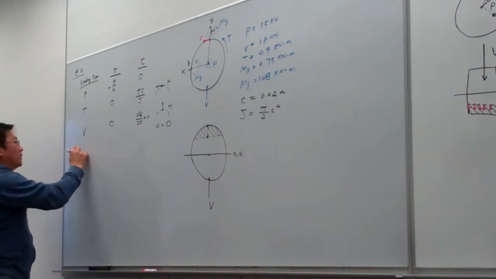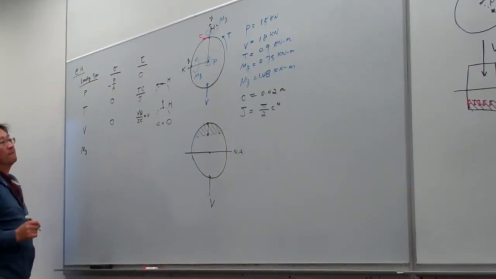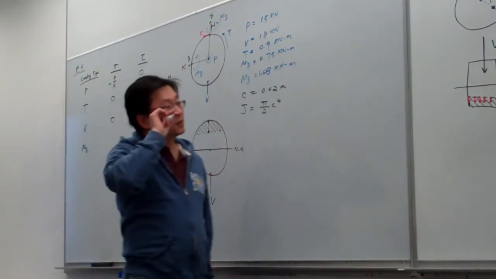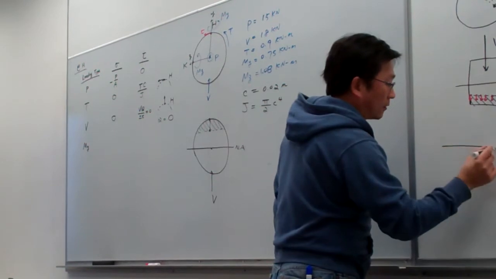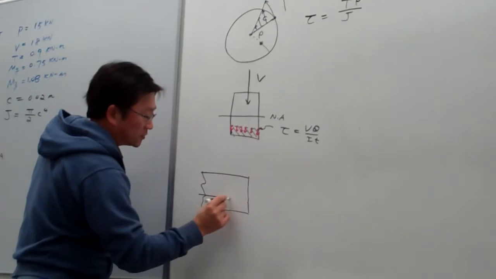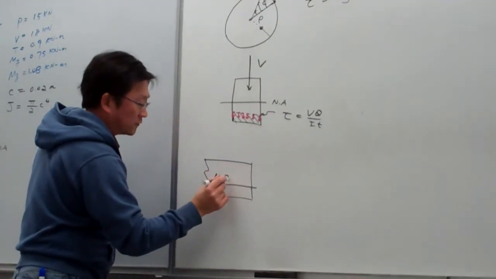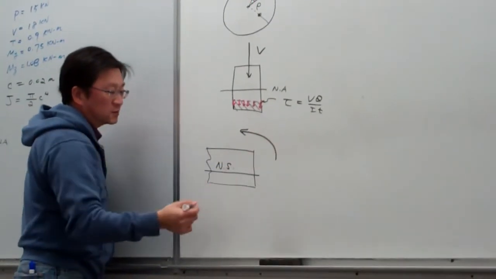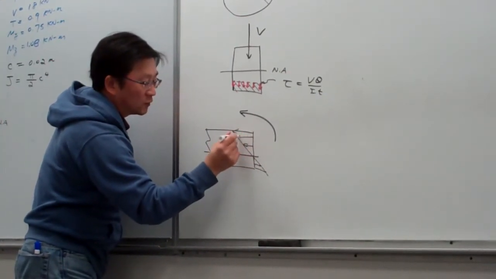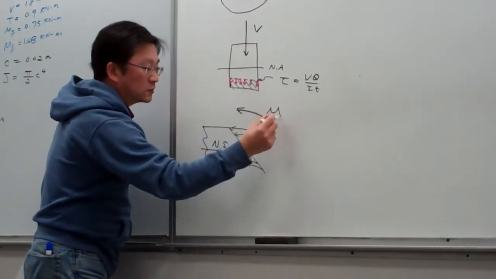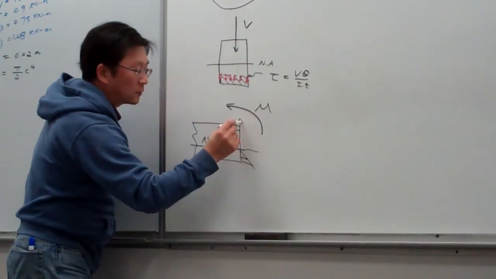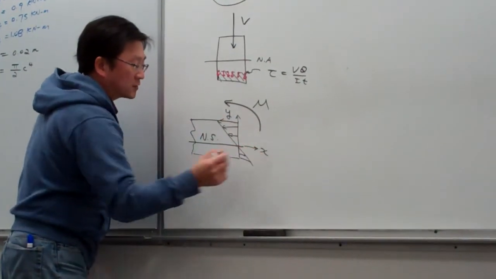And now we go to My. For the bending, for example, if this is the front view, and this is our neutral surface, if the bending is like this, and we know the distribution of the bending stress, which is normal like this, and M, so this is our y-axis, this is our x-axis.